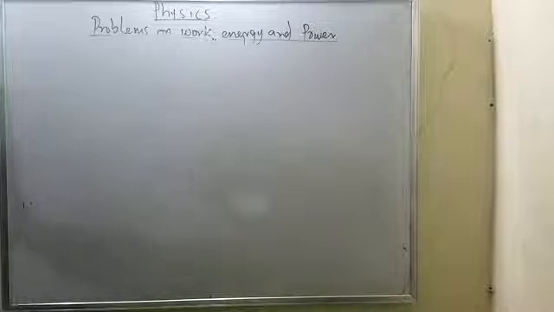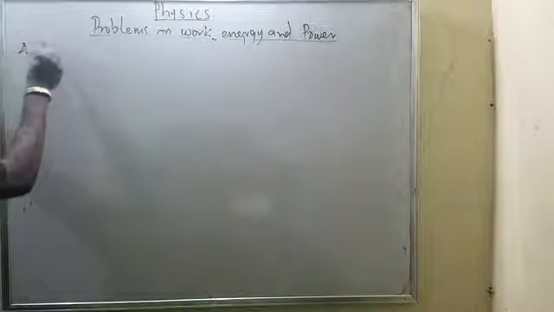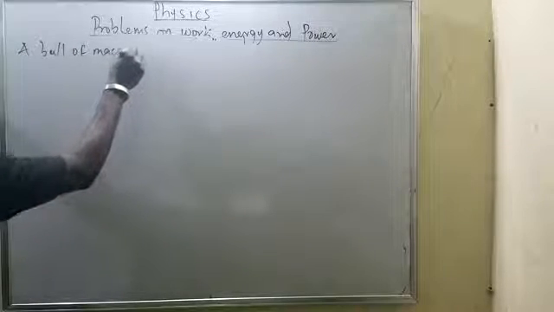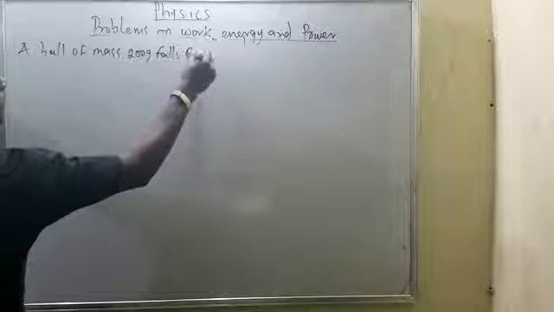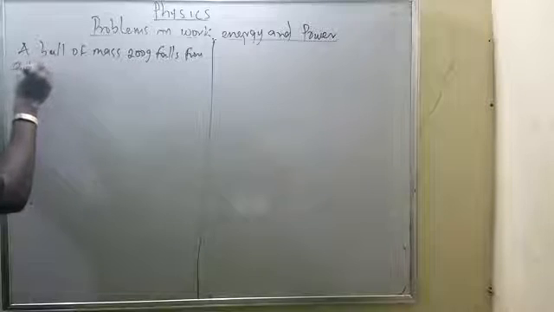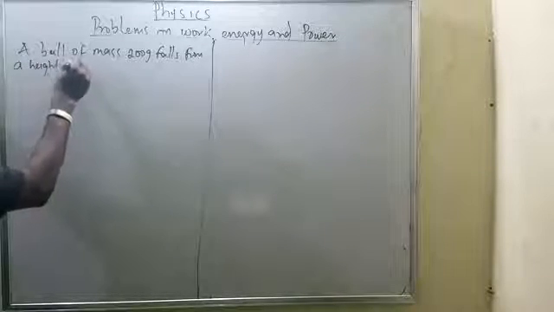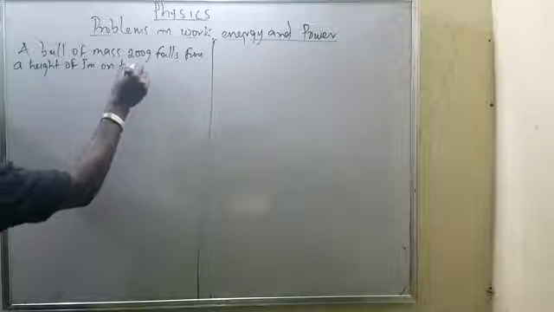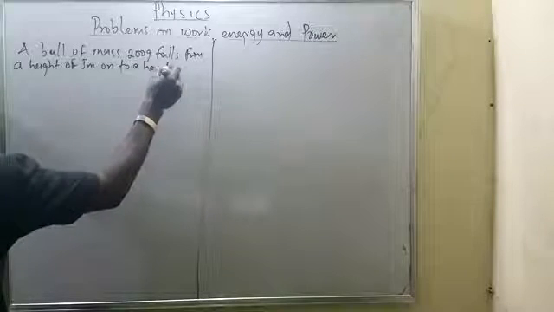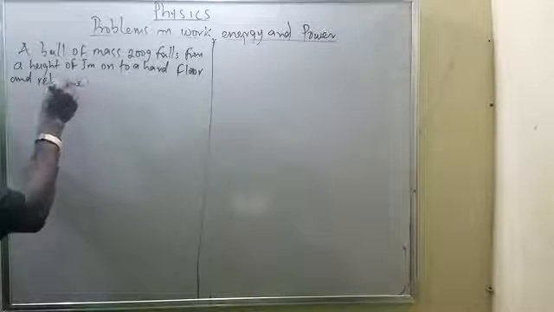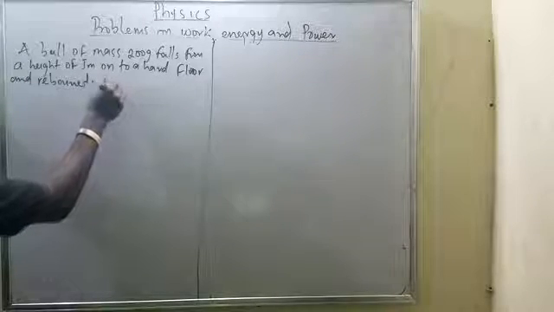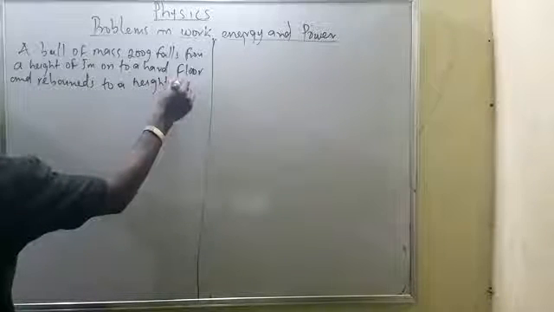Potential energy, kinetic energy. Okay, a ball of mass 200 grams falls from a height of 5 meters onto a hard floor and rebounds to a height of 3 meters.